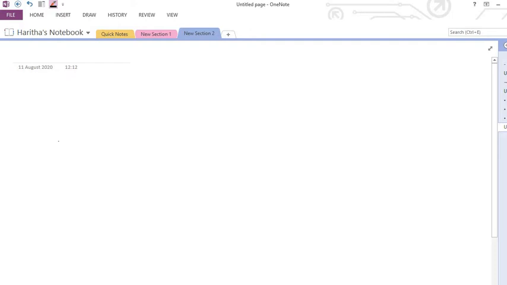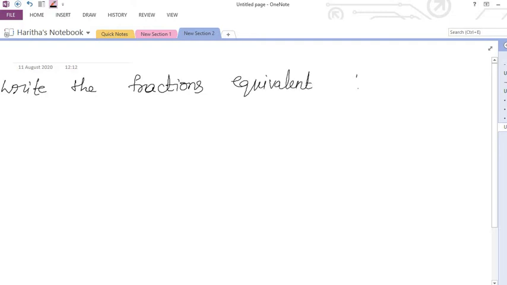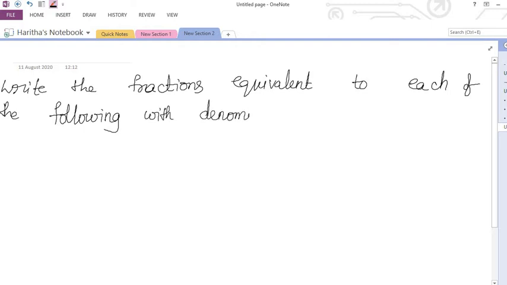So today we are going to deal with: write the fractions equivalent to each of the following with the given denominators.